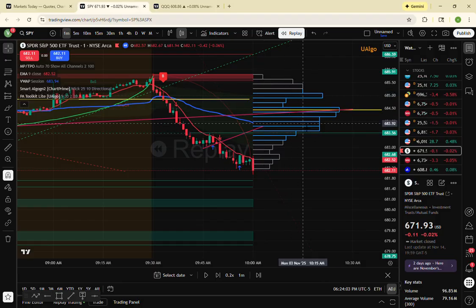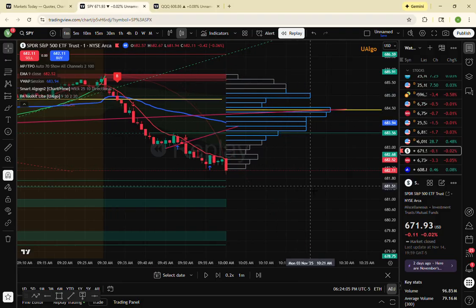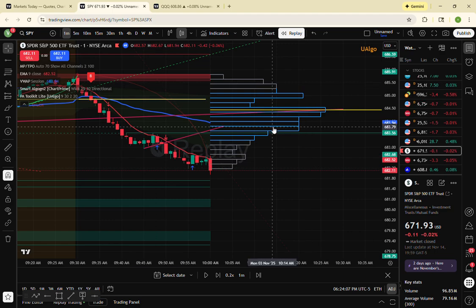This is market profile. Market profile is very important. I use market profile to tell me where price is going. You see these blue lines right here, the middle yellow line.